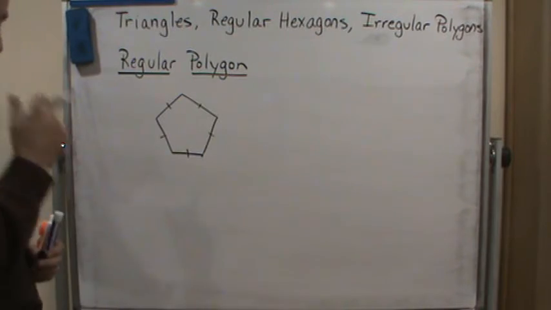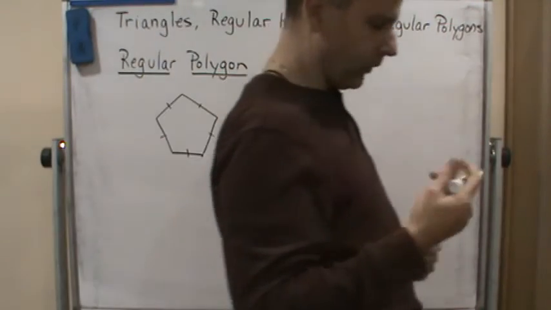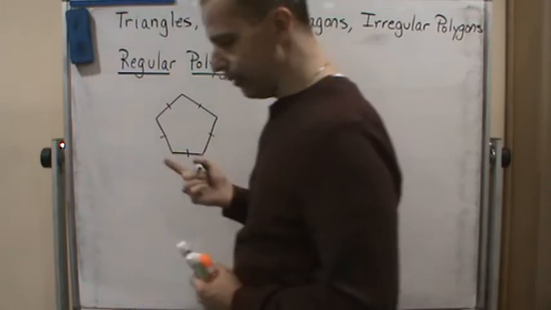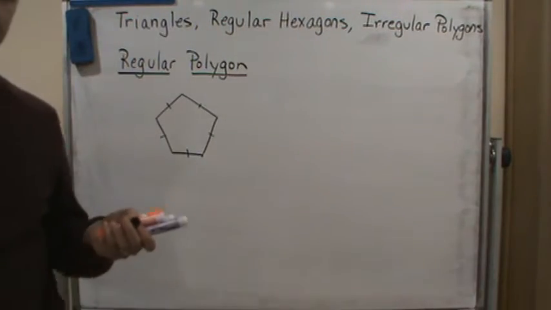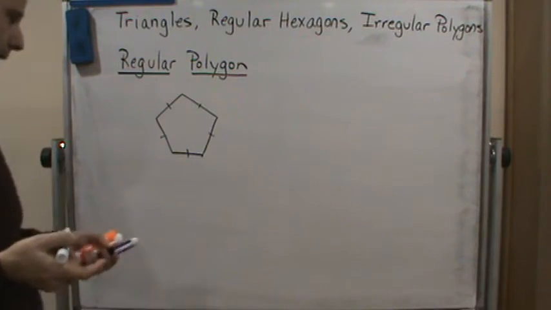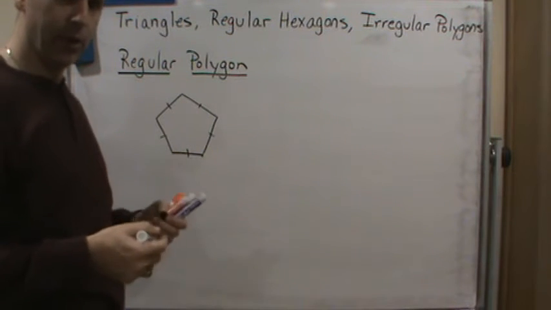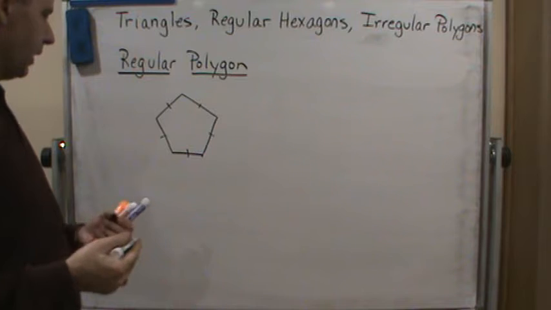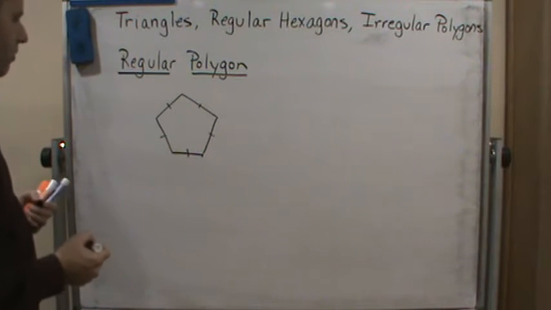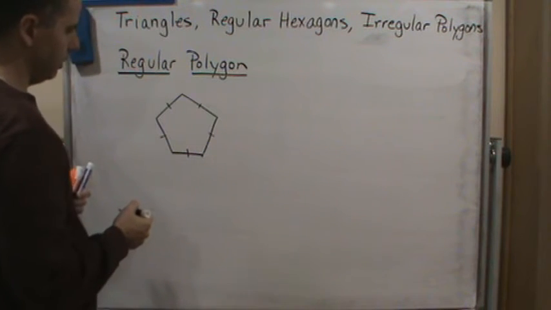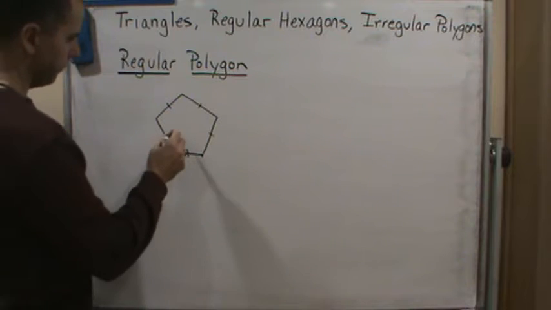Now in this case, how do we get the measurements of the angles? Because in a square, the angles are 90 degrees. In an equilateral triangle, they're 60 degrees. Well, in this case, what do we have?